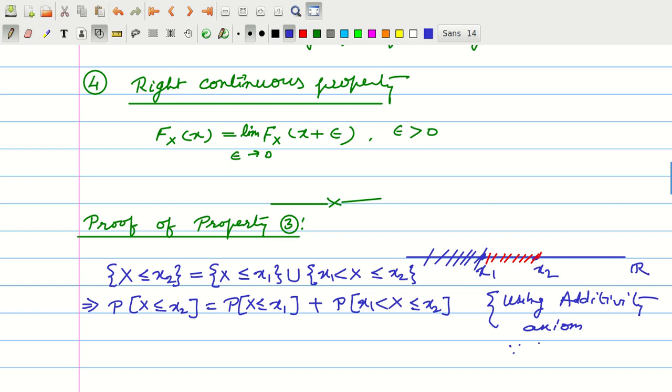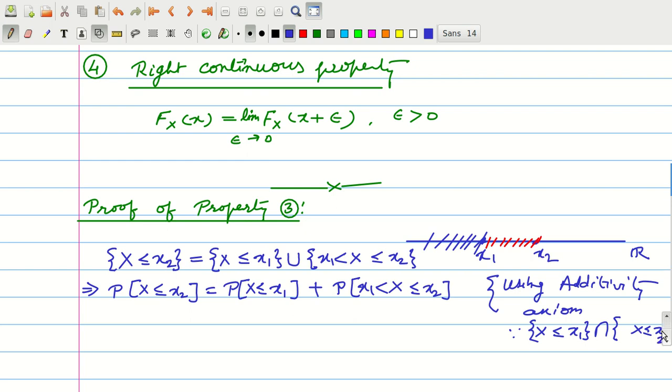Because x less than equal to x1 and, let me write it separately, x less than equal to x1 intersection x1 less than x less than equal to x2 is phi. It's a null set because these are mutually exclusive events.